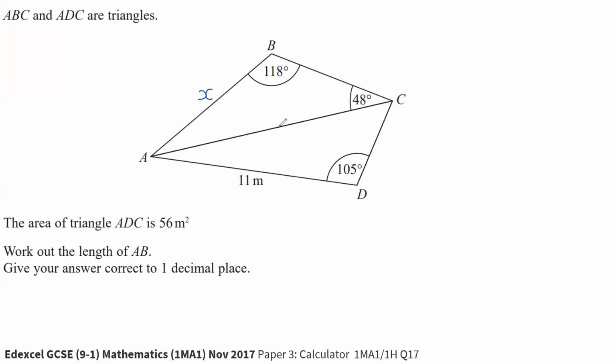Okay, so we've got these two triangles. We've been told various angles, and one of the first things that should really jump out at you about this question is that you have not got any right angles. So the majority of the questions in this question would be far nearer the front of the paper if it did have right angles.